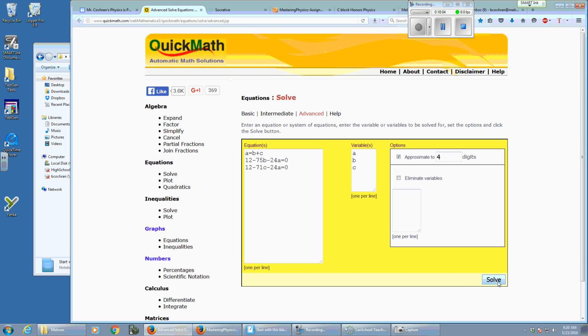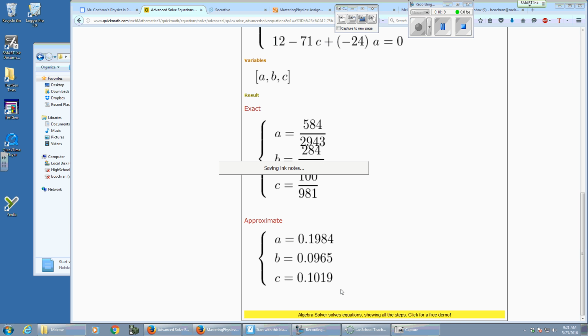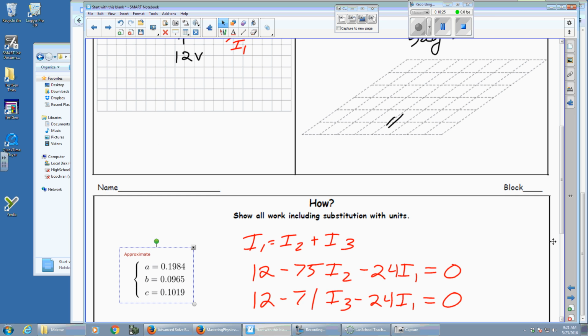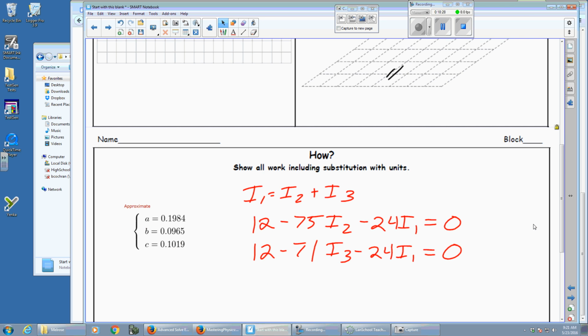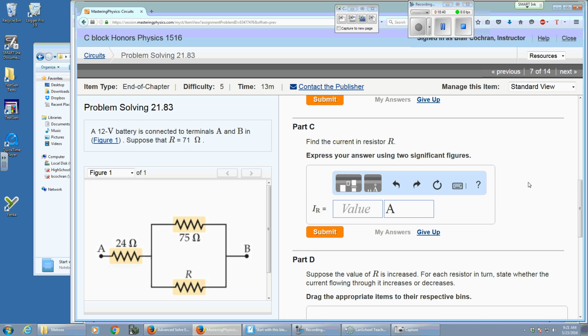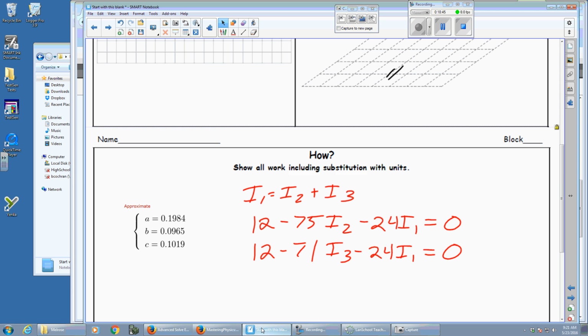Solve. I press this button, and I get this. And of course, once I have those, A is I1, B is I2, C is I3. They asked me for I1, I2, and I3. So, yay.